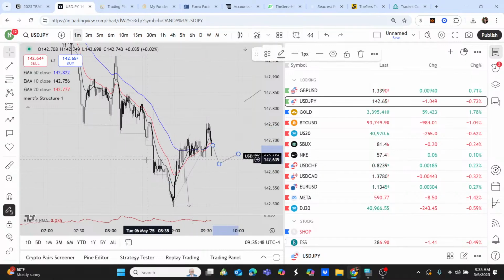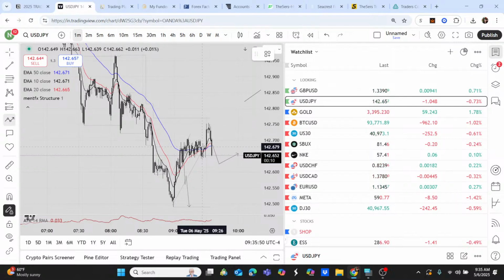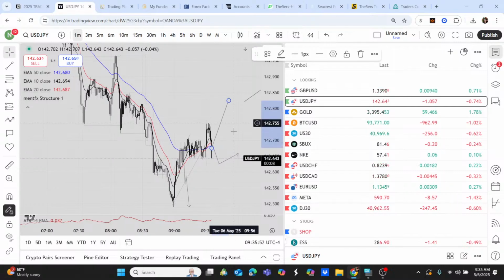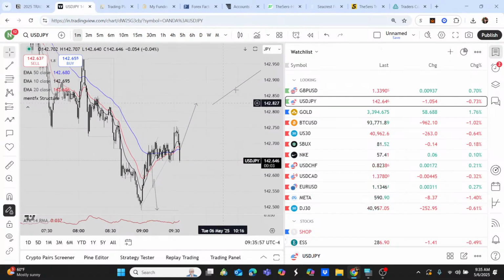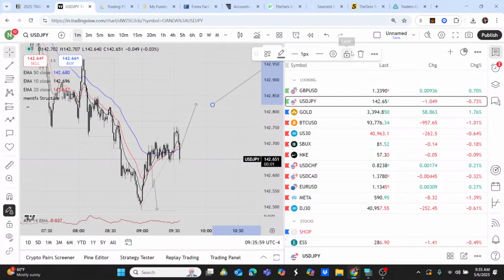But if it ends up just breaking upwards like this, then I could still wait for those funded account trades. So that's my thought process right now.